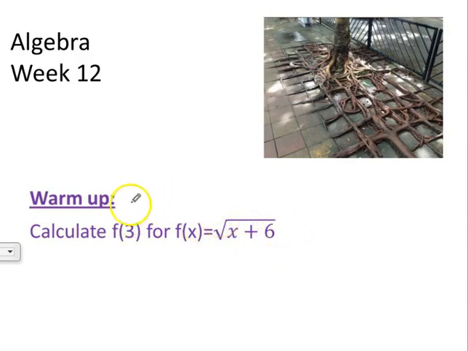So remember, that's just a fancy way of saying wherever you see an x, you're going to plug in 3. So go ahead and solve that, and then when you're ready to check your work with mine, well, I forgot to say that. Go ahead and click pause so that you can try this on your own, and then when you're ready to check your work with mine, you can click play.